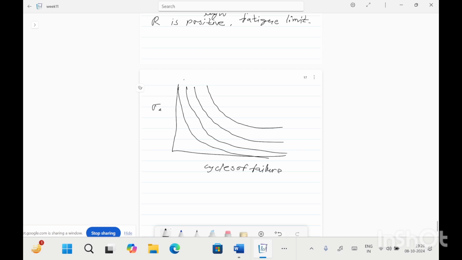This is for sigma m1, this is for sigma m2, sigma m3, sigma m4.